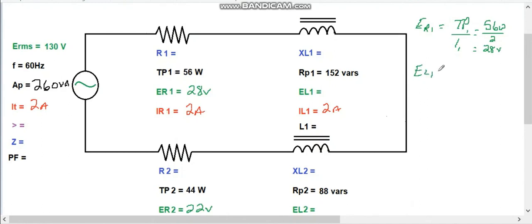So my voltage across inductor 1 would equal my reactive power of 1 over the amperage of inductor 1. And my reactive power of 1 is 152 VARs divided by my 2 amps. Gives me a total of 76 volts.